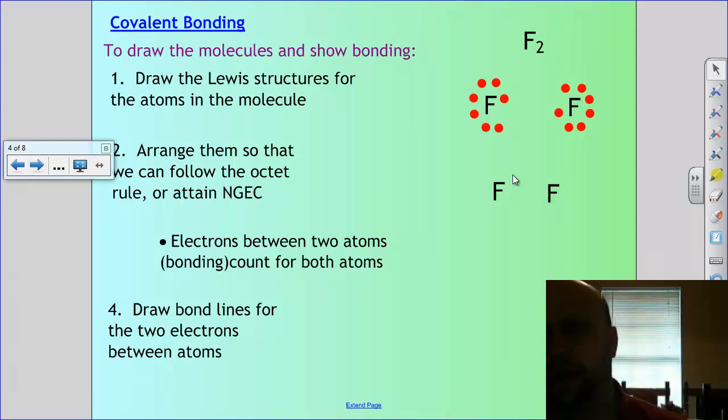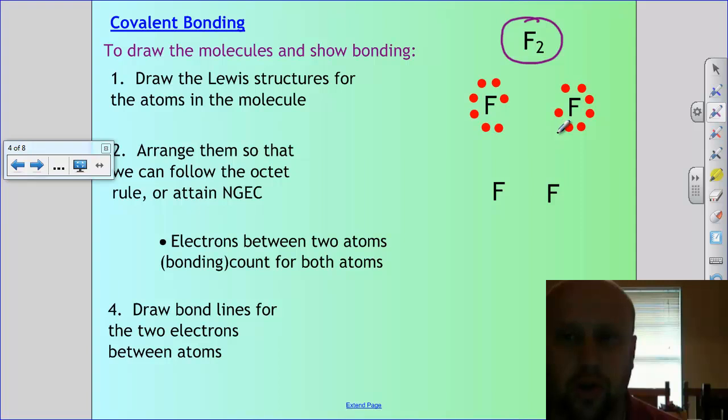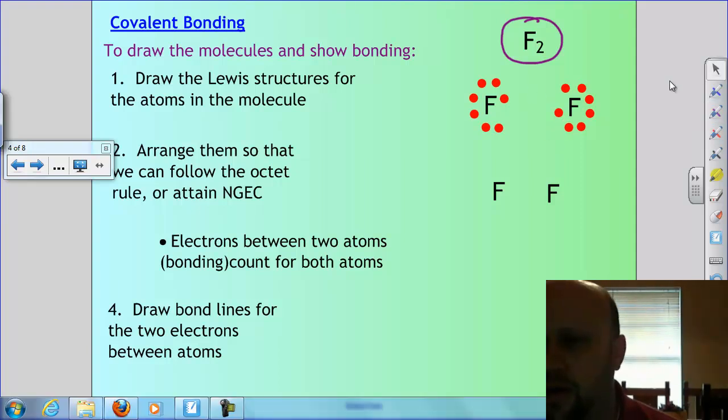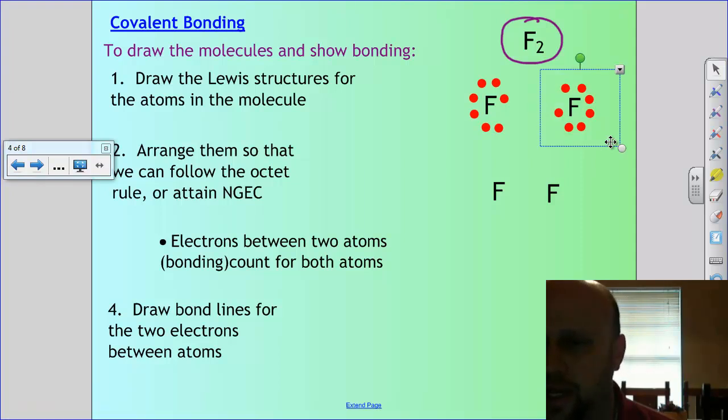So here are the steps. The first molecule we're going to draw is F2. Okay, so a fluorine molecule consisting of 2 fluorine atoms. So we draw our Lewis dot structure, and yes, these are some huge dots, and we've got 7 on each. Okay, and so we arrange them in such a way that they follow the octet rule. Now, the only way that's really going to work is like this.